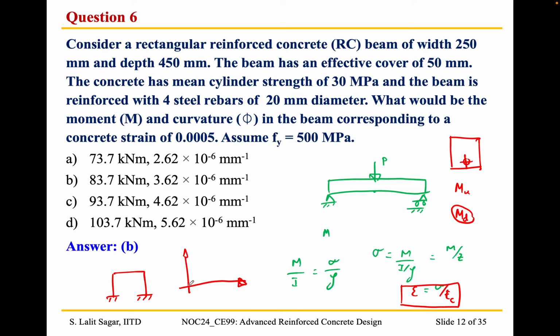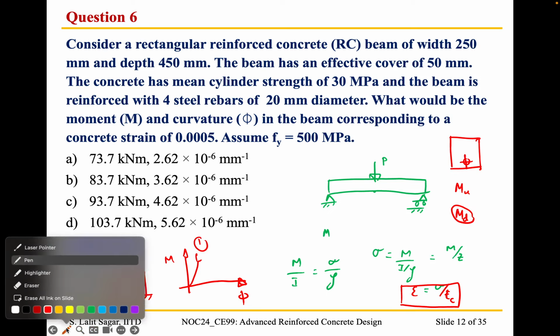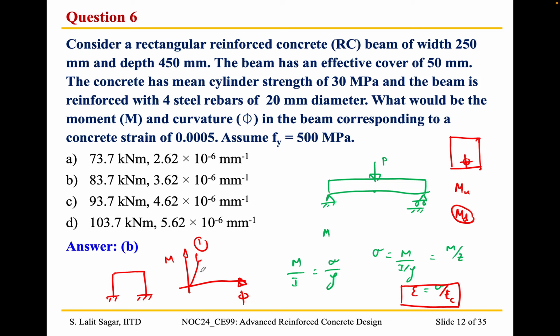So if this is the M-phi relation, this is beam number 1, and then we have one more beam, beam number 2. Though beam number 1 might have a slightly higher value of the moment, we need to understand the curvature.